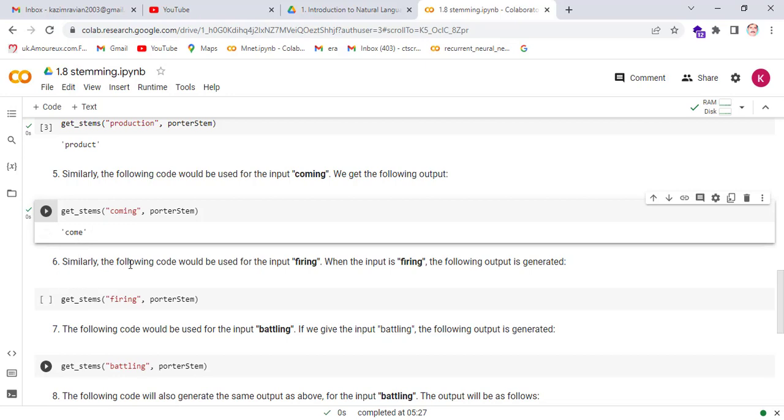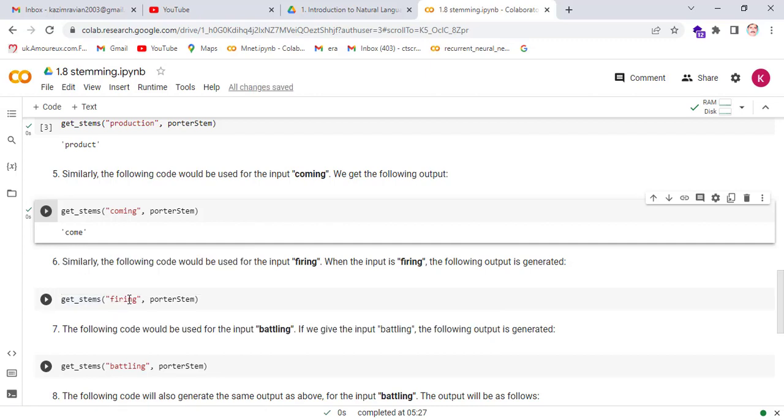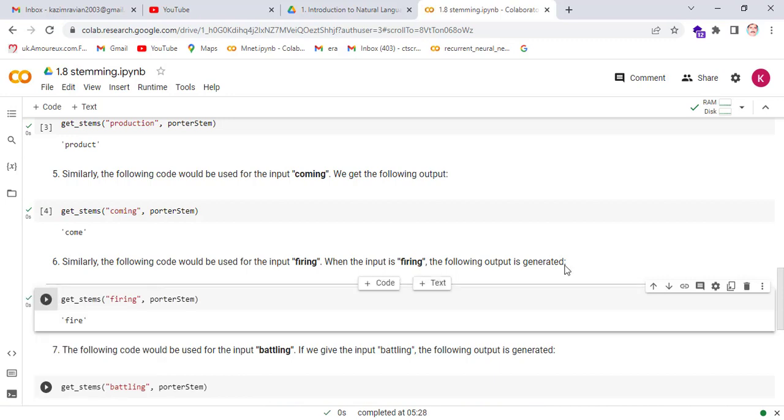Similarly, we see another word, firing. Call the get_stem function again and pass the word firing to convert into its base form, and pass the porter_stem algorithm to convert the word into its base form.